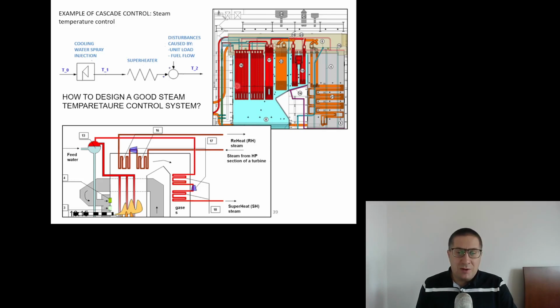Let us focus on the final superheater, probably this one. But I'm not sure, so let us pretend that this is the final section of superheaters. The steam from here is entering the turbine, right? So it has some parameters depending on the boiler type.